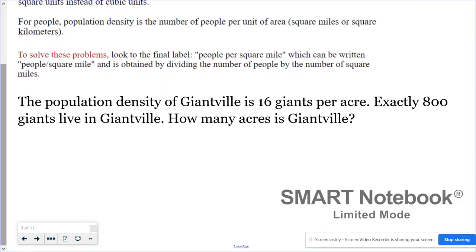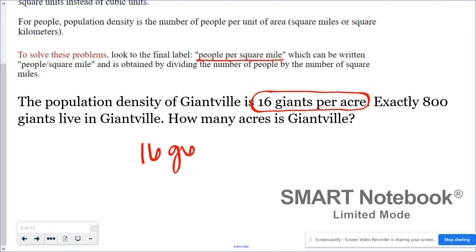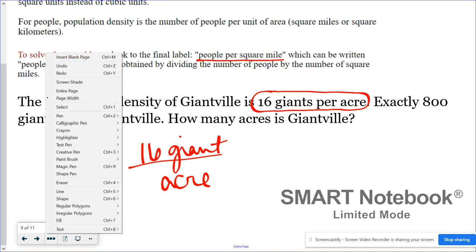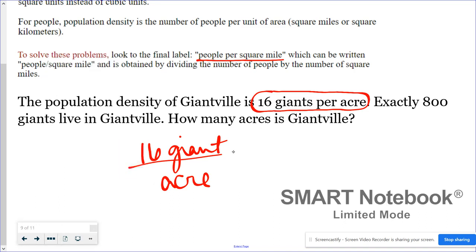Okay. So the population density of Giantville is 16 giants per acre. So there you have that final label, like people per square mile. We have 16 giants per acre, and that's the population density. Exactly 800 giants live in Giantville. How many acres is Giantville? So kind of like creating a proportion of sorts.